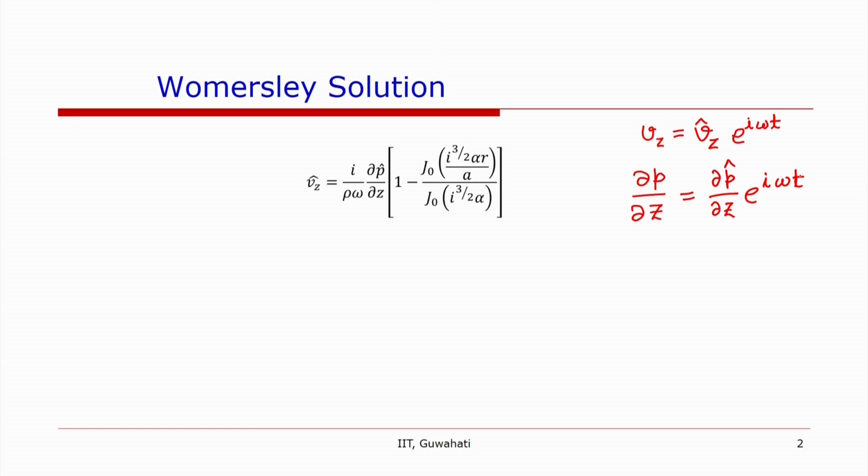Now, this equation gives the relationship between Vz cap and del p over del z for all values of the Womersley number. Just to recap, the Womersley number alpha squared is equal to a squared omega over nu, and it is a ratio of the transient inertial force and the viscous force.